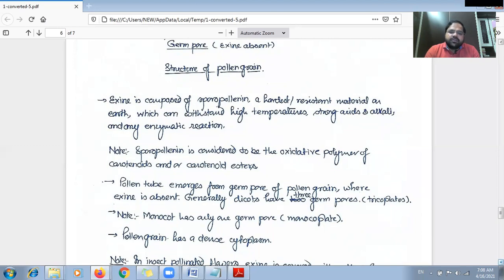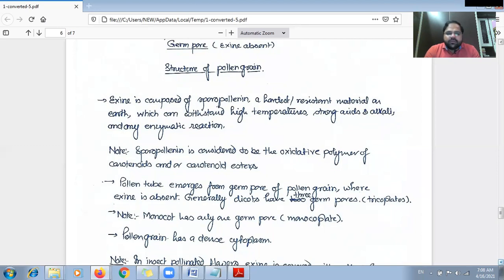We have some pollen grains which have survived for several hundred years. This is the reason pollen grain can withstand adverse conditions.